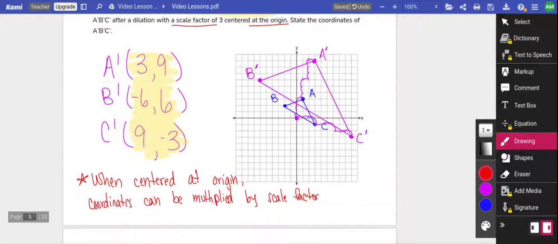That's especially helpful if your scale factor is not an even number like 3, if it's a fraction, 4/3, or even a fraction like 3/4. It's going to be hard to count that, so it's easier to multiply.